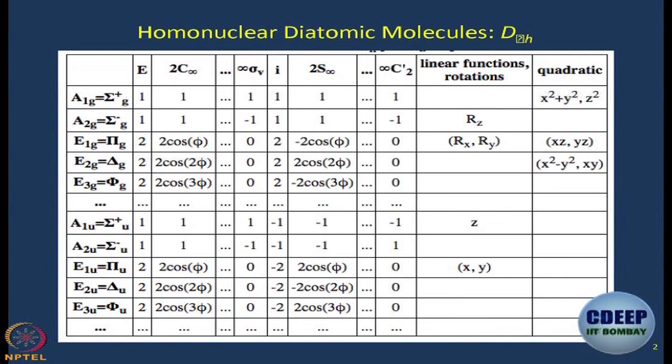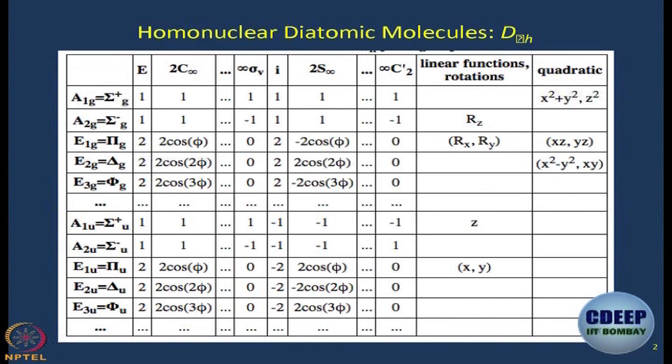So the only way in which you can work out this character table is by inspection, right. So these are the irreducible representations. This dot dot dot means there are many more. Since there are an infinite number of symmetry operations, we cannot of course write them.